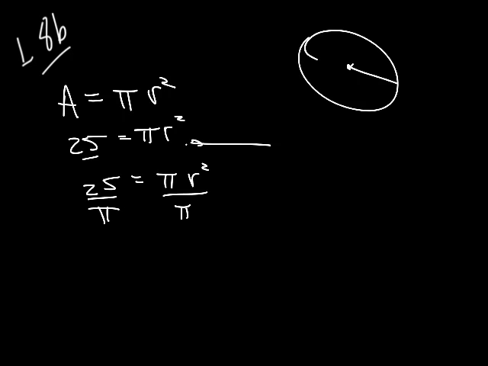So we're trying to get rid of everything but r. So 25 divided by pi is going to be 7.96. Boy, I'm smart. I can just figure that out, right? Pi over pi is 1, so that equals r squared.